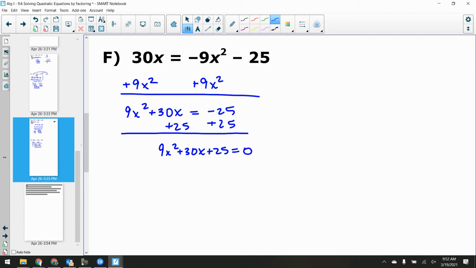But again, I like it better as positive, because if I left it as a negative, I would have to factor out all of those negatives. All right. So is there a GCF? I could divide 9 by 3, and I can divide 30 by 3. Can I divide 25 by 3? Bummer. Well, that must mean this is a hard type problem. What's 9 times 25? 225, you mean? Yeah.